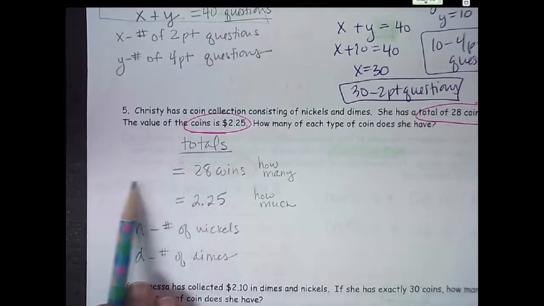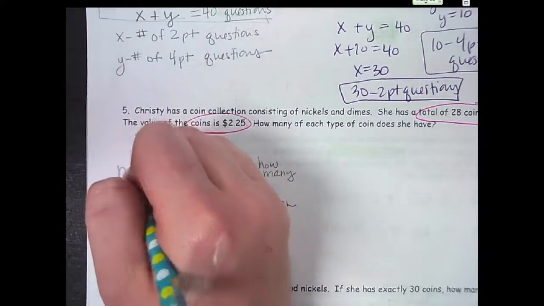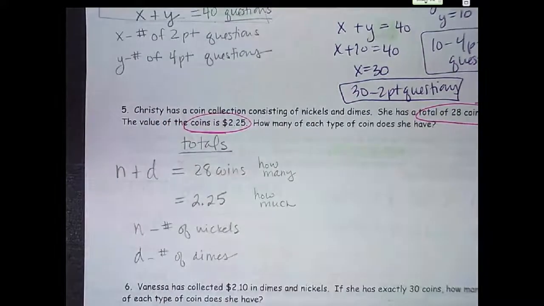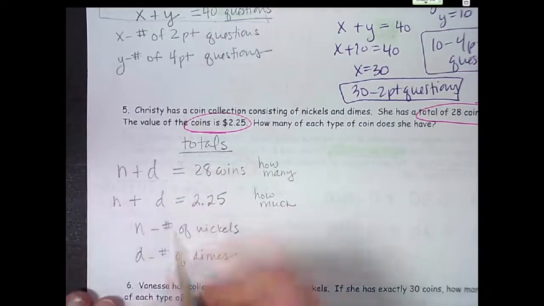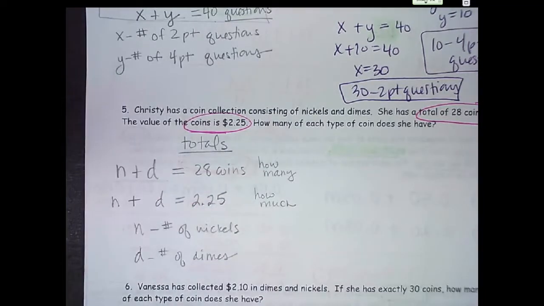What do you think? N plus D. How many nickels plus how many dimes equals your total? For how much? I'm still going to have the N and the D. How do you figure out how much money you would have though?